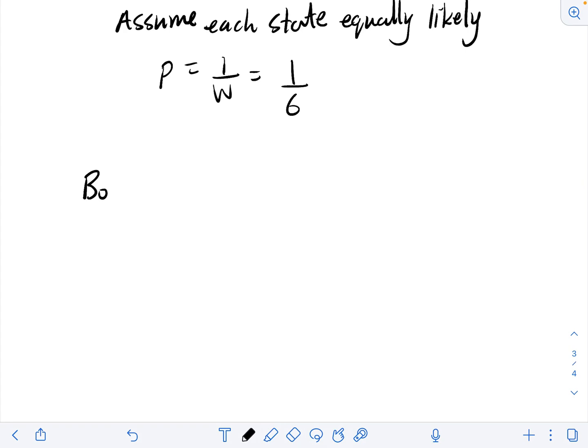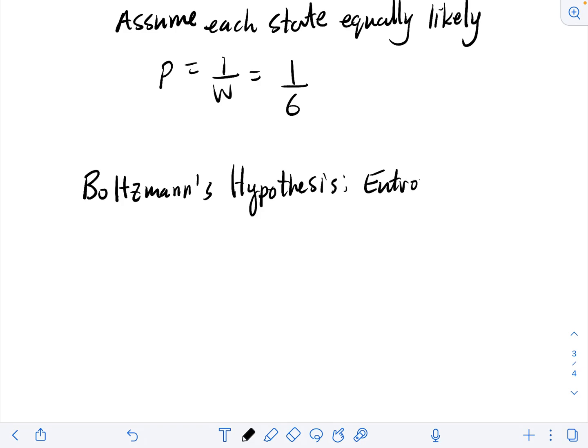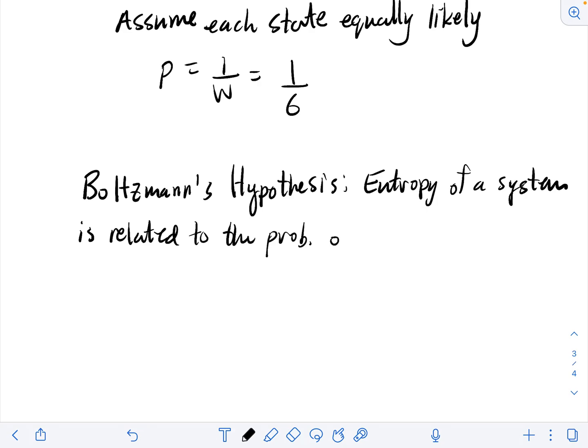The next thing we're going to talk about is Boltzmann's hypothesis. Boltzmann's hypothesis is that the entropy of a system is related to the probability of being in a quantum state.